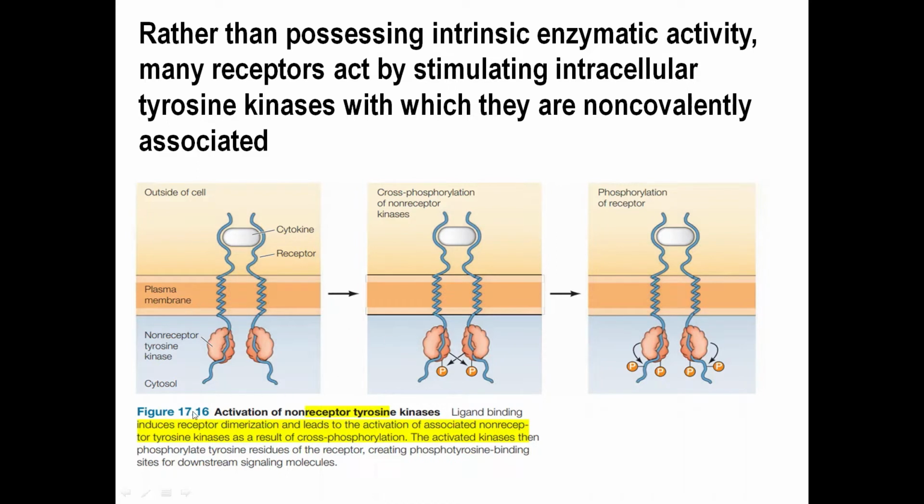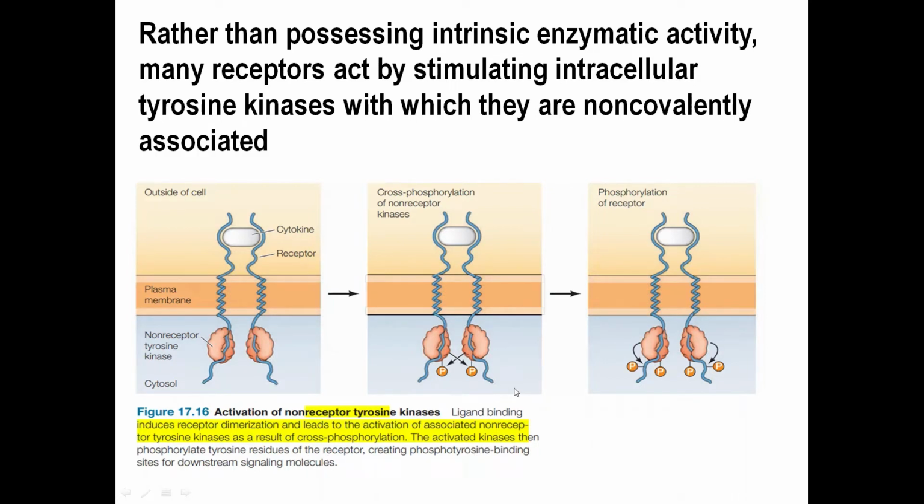So, activation of non-receptor tyrosine kinase: ligand binding induces receptor dimerization, leading to activation of associated non-receptor tyrosine kinases as a result of cross phosphorylation. The activated kinases then phosphorylate tyrosine residues of the receptor, creating phosphotyrosine binding sites for downstream signaling molecules. Everything is similar to RTK.